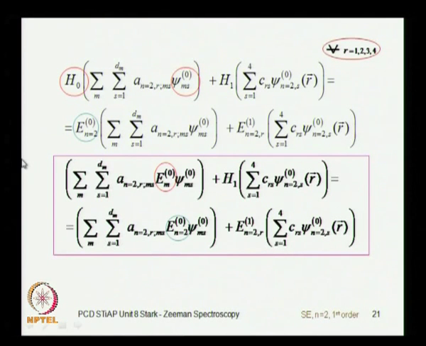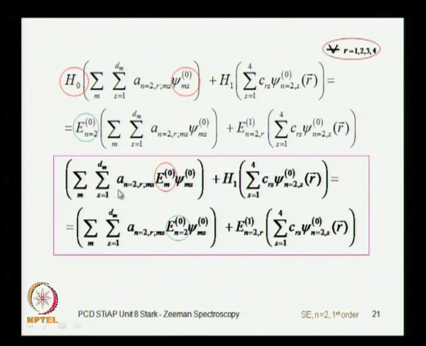But mind you, here the unperturbed eigenvalue is that corresponding to n equal to 2 state, whereas in this case this m will take the entire spectrum. Okay. So, you have to be careful about it, but then you have got similar expression in the first terms, and then you have got the remaining two terms, the second term on the left hand side and the second term on the right hand side, which has been rewritten just as it is.